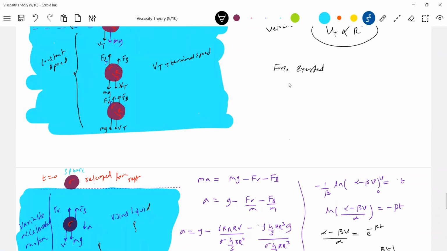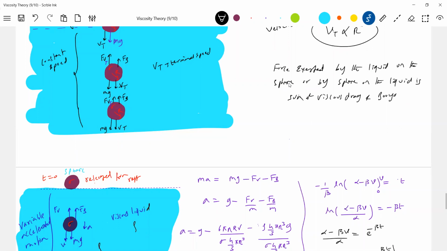Force exerted by the liquid on the sphere, or by the sphere on the liquid, is the sum of viscous drag and buoyant force.